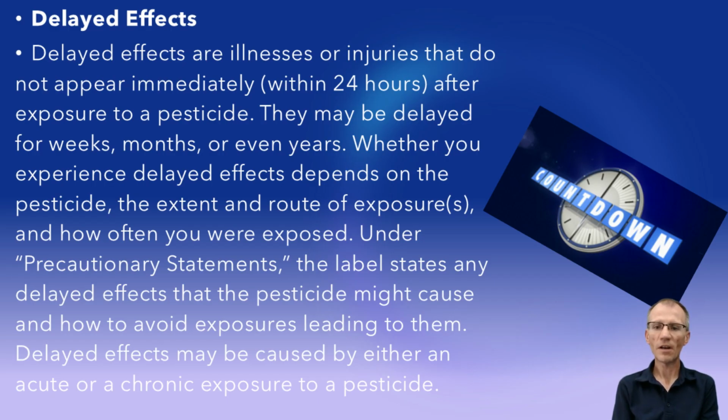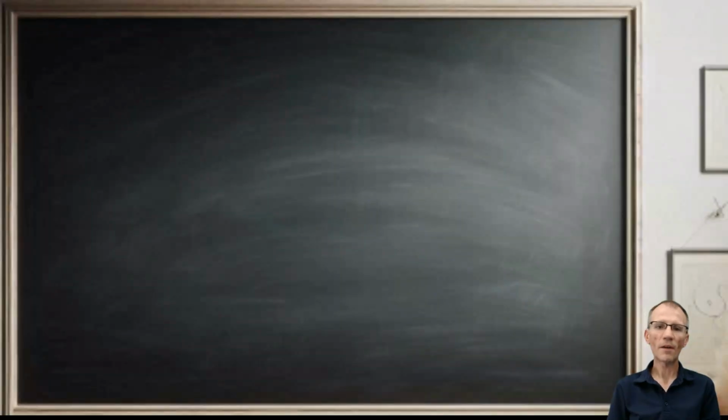Under precautionary statements, the label states any delayed effects that the pesticide might cause and how to avoid exposures leading to them. Delayed effects may be caused by either an acute or a chronic exposure to a pesticide. You're going to want to remember this term, delayed effects.